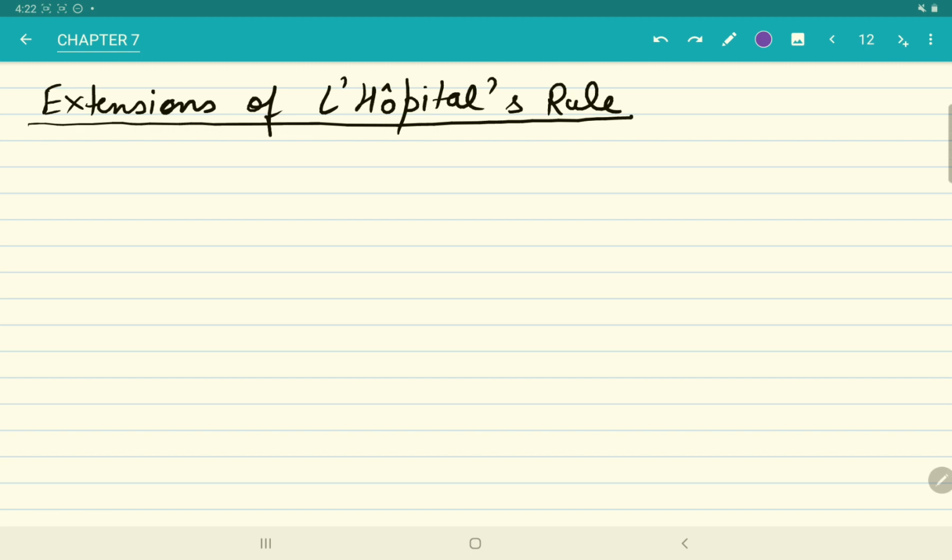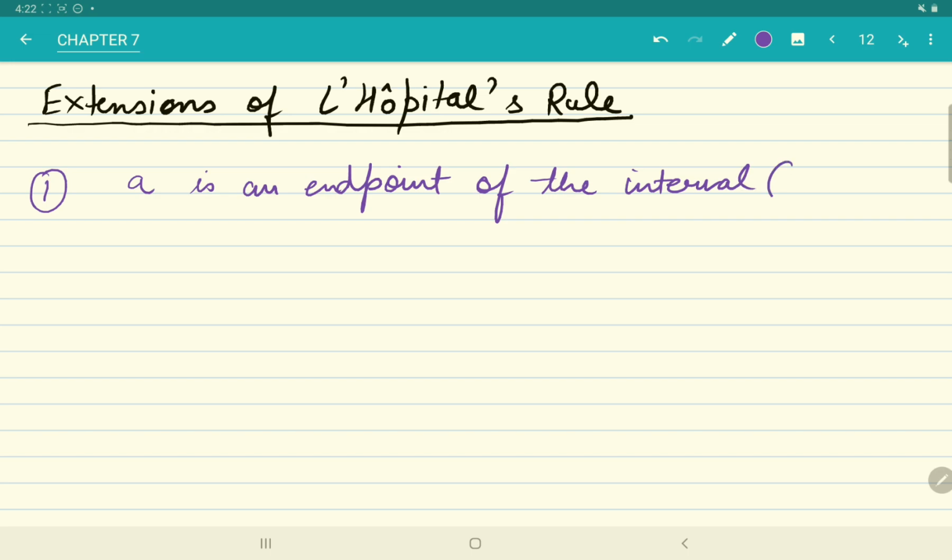We are actually going to consider 3 extensions of L'Hopital's rule. The first extension is we consider A being an endpoint of the interval alpha beta.